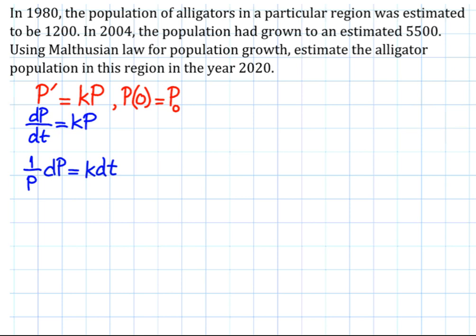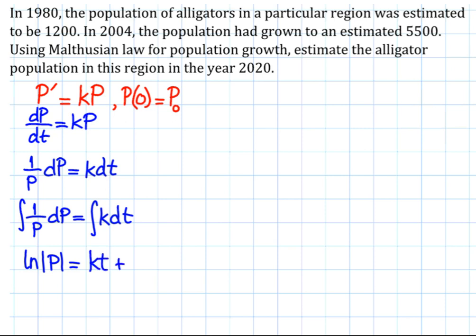Integrate both sides. We will have ln of absolute value of p equal to kt plus c.